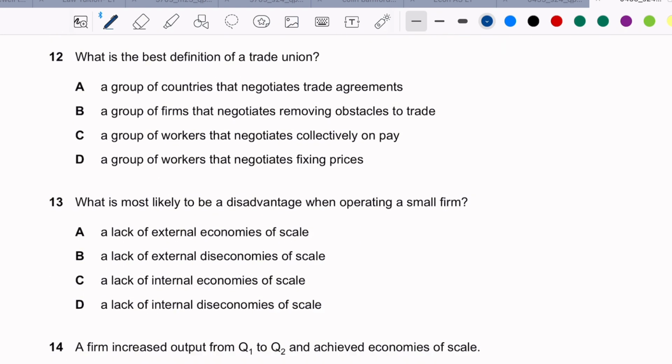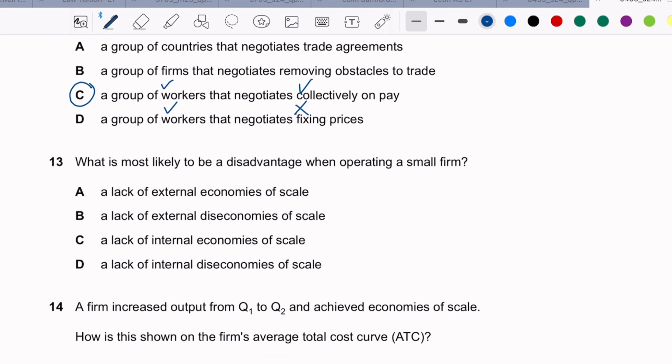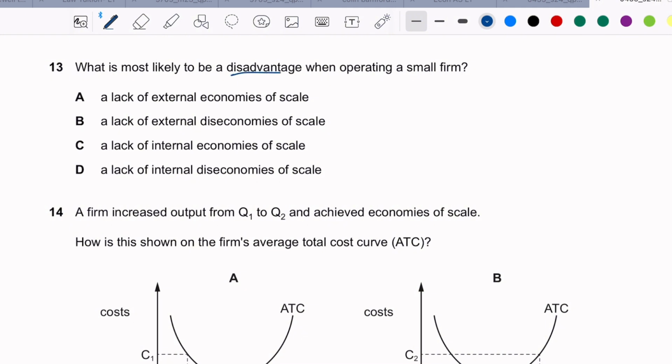Moving on. 12. What is the best definition of a trade union? Yes, a group of workers, this one is correct, that negotiates collectively on pay. This is correct. This one is wrong. 13. What is most likely to be a disadvantage when operating a small firm?